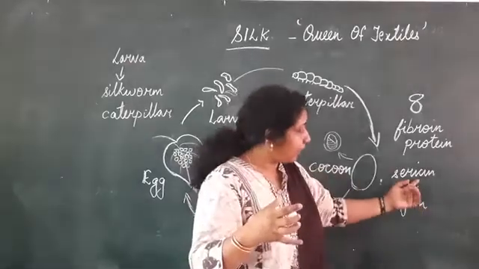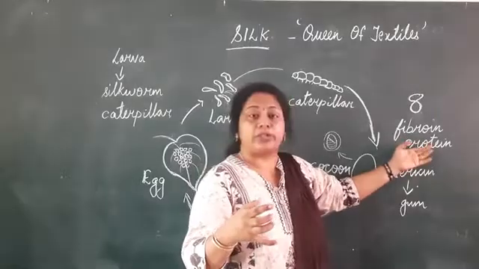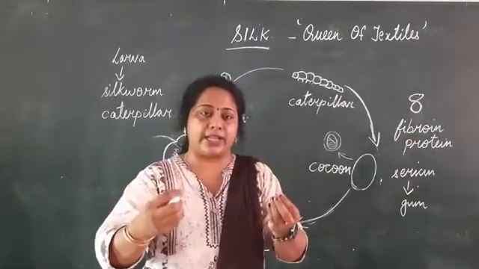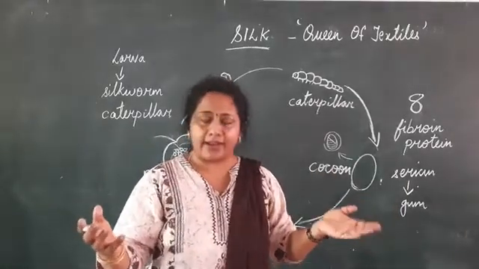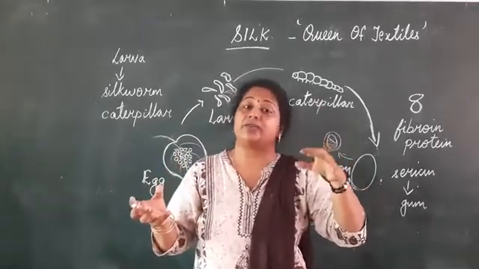Clear? By this sericin. As soon as this protein or the saliva, जो liquid जैसे ही उसके मुंह से बाहर आता है, it is secreted. As soon as it comes in contact with the air, it starts solidifying. Solid में convert होने लगता है.